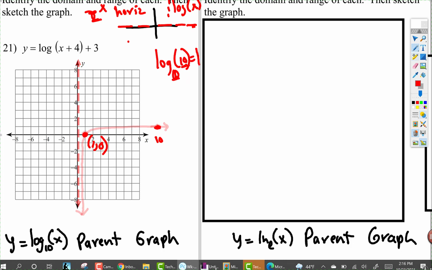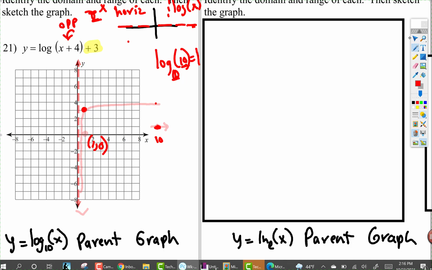Okay, so now you're going to do what we've been doing for a long time. You're going to notice whatever's on the outside, and that tells you to move everything up 1, 2, 3. So now we're there. And then remember, on the inside, you do the opposite.